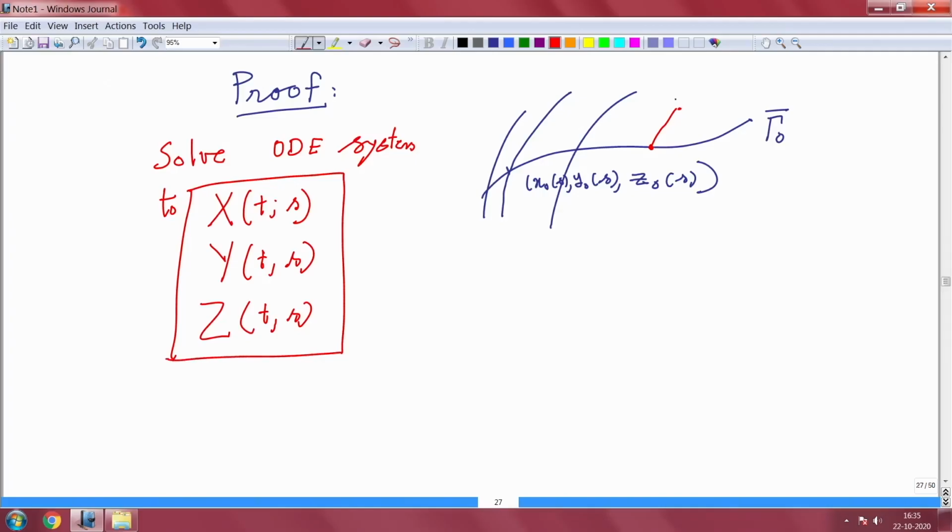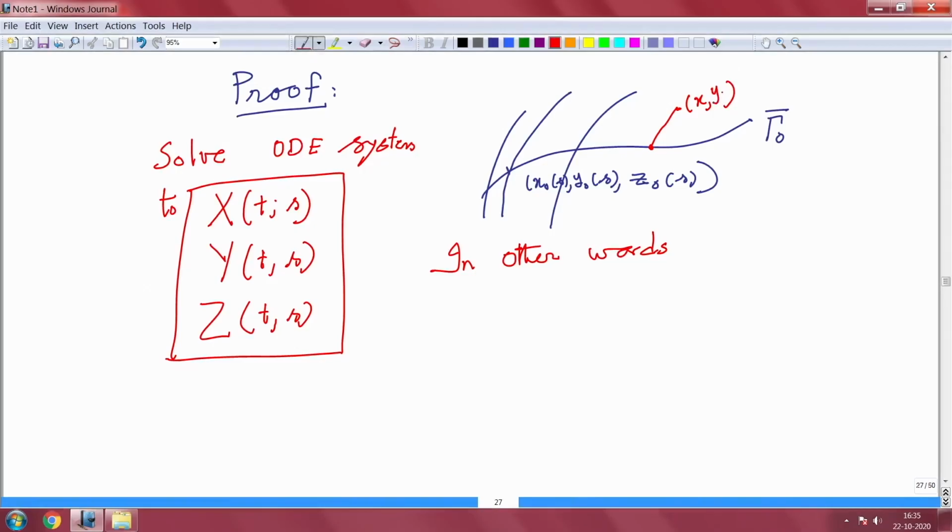Now what do you want? Starting with an x, y, you want to find a characteristic which meets your lifted initial curve. That is what you want. In other words, you are looking for a characteristic curve described by the parameter t. Sorry, here this is not a t because we used the t, this should be y.